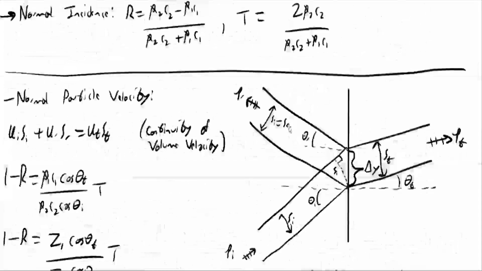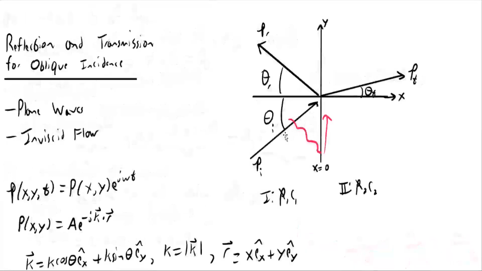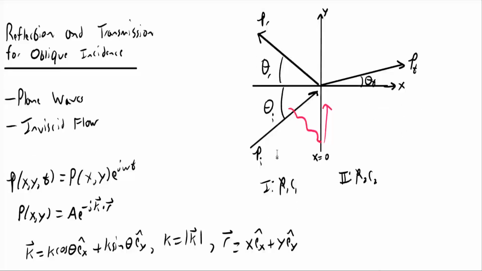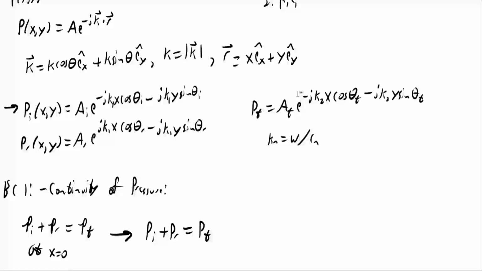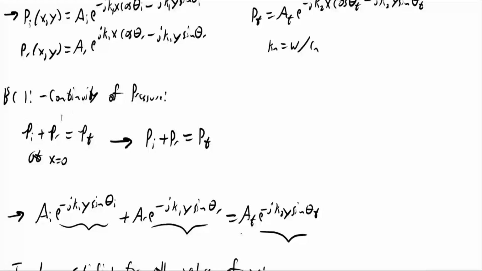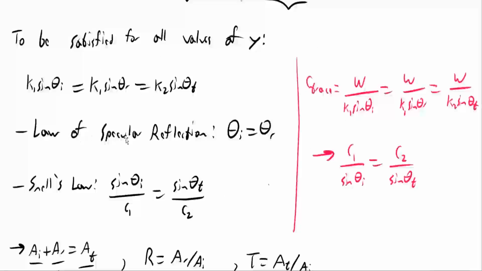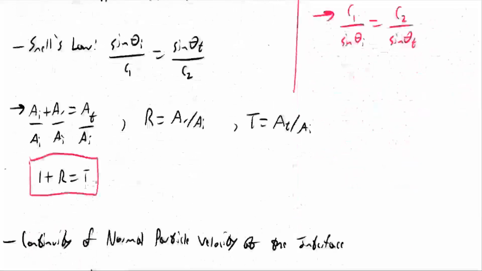So this was a bit of a long video, so let's quickly recap. We looked at reflection and transmission for oblique incidence. We assumed a plane wave with an inviscid flow. We had an incident wave, a reflected wave, and a transmitted wave. We assumed first a continuity of pressure, and that allowed us to derive the law of specular reflection and Snell's law, as well as the relation 1 plus r equals t.